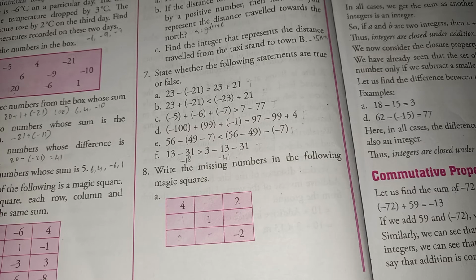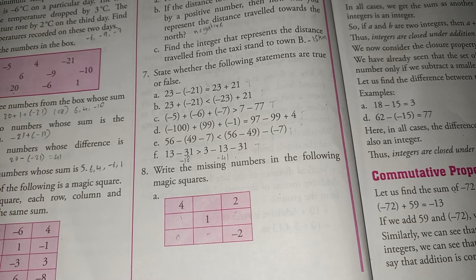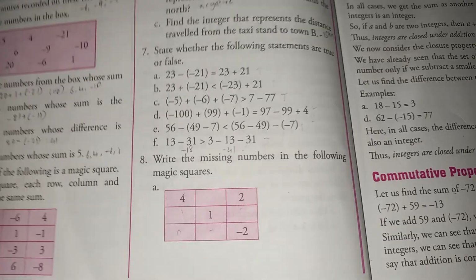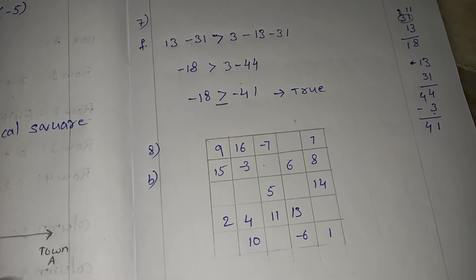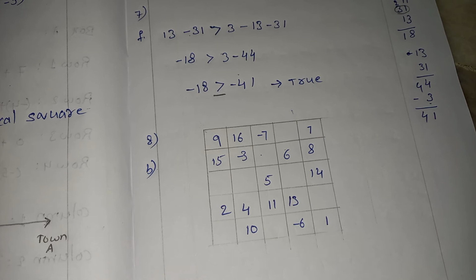In the 8th problem, questions A and B mention two square boxes, and we have to write the missing numbers in the magic box. So magic box means all the rows, columns and diagonals sum to the same. You do option A and I will tell you about option B.